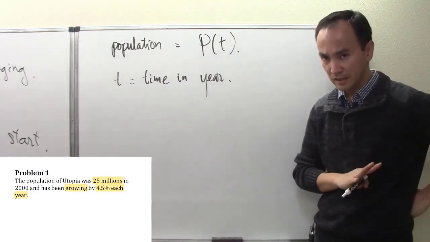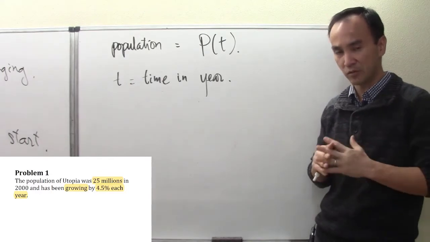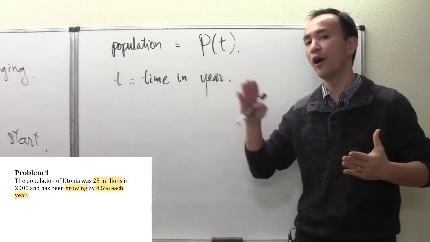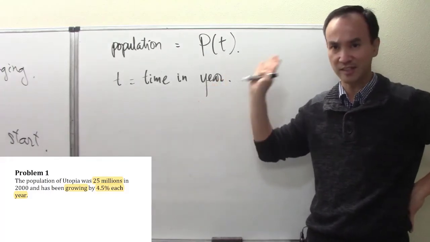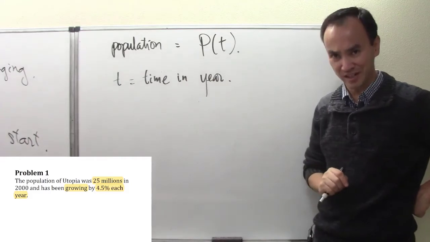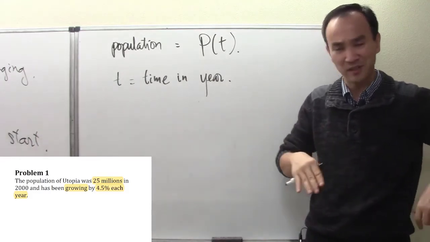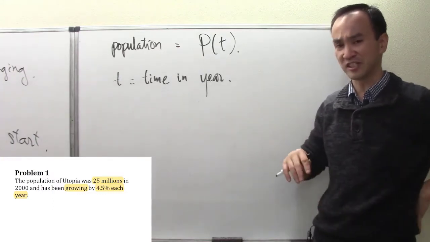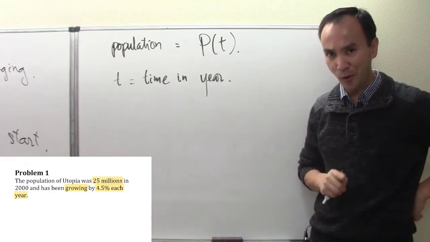Needless to say, any modeling problem is a problem that models how things change over time. I didn't even bother putting this as a common characteristic because it's so common, and it's not only within these modeling problems that we're doing to show the existence of exponential functions, but outside of exponential functions there are other problems where time is a very important variable.